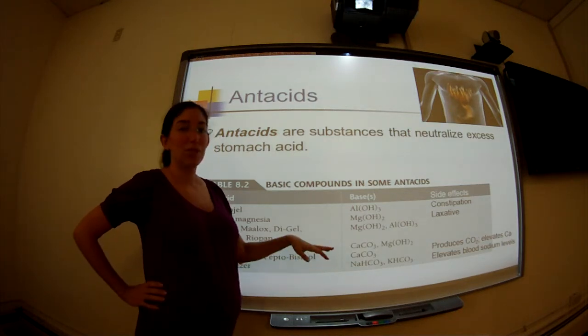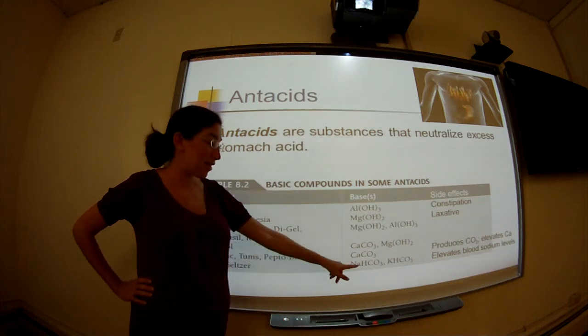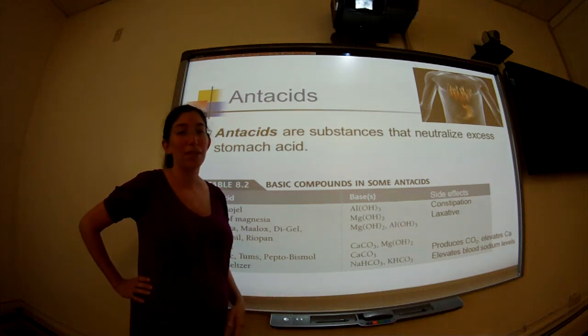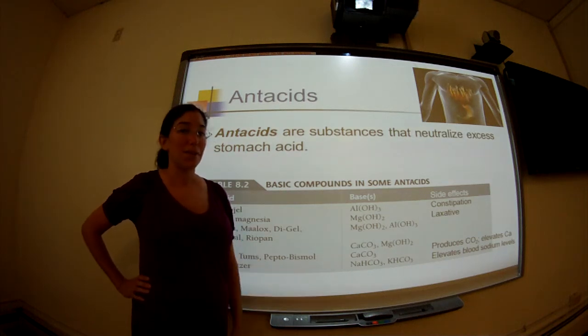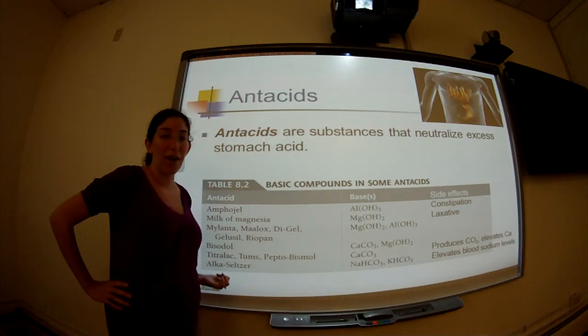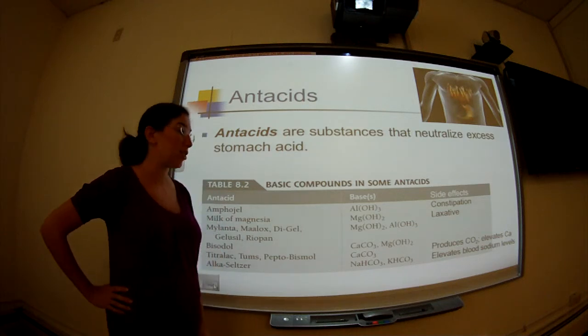So this last one here, Alka-Seltzer, is sodium bicarbonate, which is essentially baking soda. There's nothing wrong with that, except that it does contain sodium. People with hypertension particularly, or people who eat a lot of sodium in their diet, or who are just trying to cut down on their sodium, would want to avoid Alka-Seltzer because it does elevate your blood levels of sodium, which can be an issue.